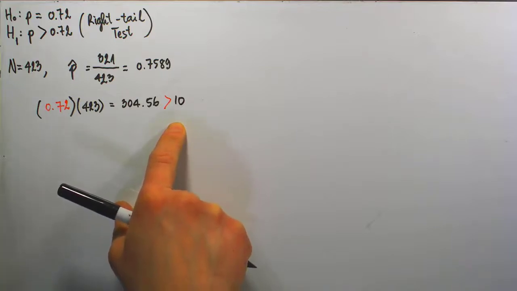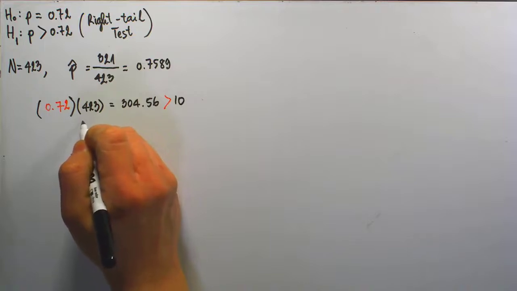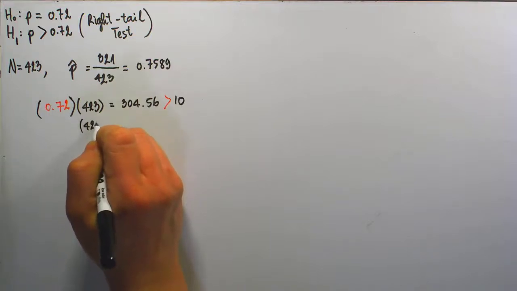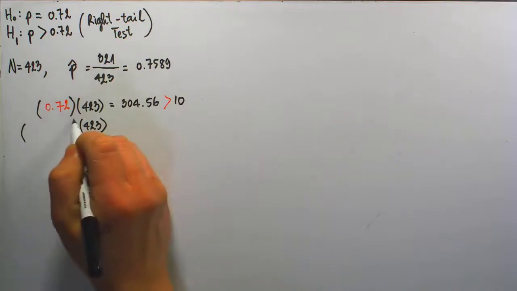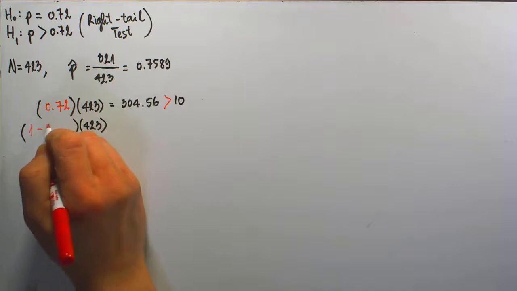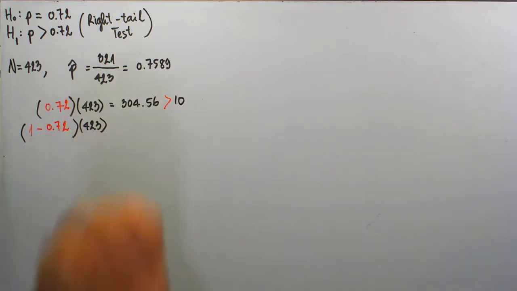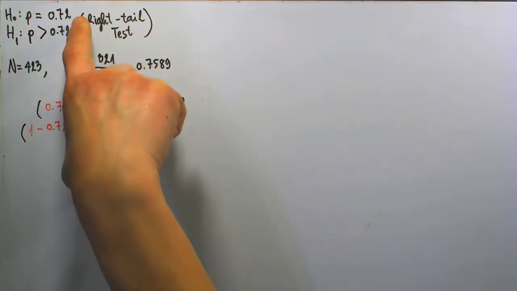Now, the same sample size 423, I am going to multiply with 1 minus 0.72. And again, this value 0.72 is the value being stated in our null hypothesis here.